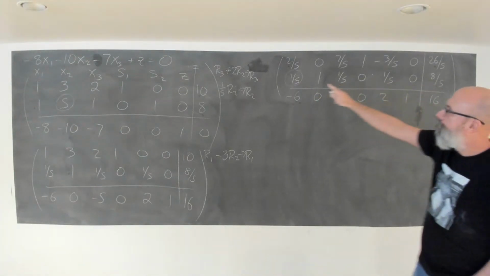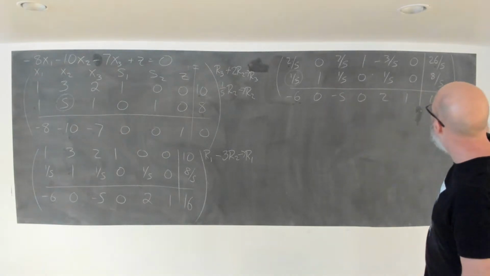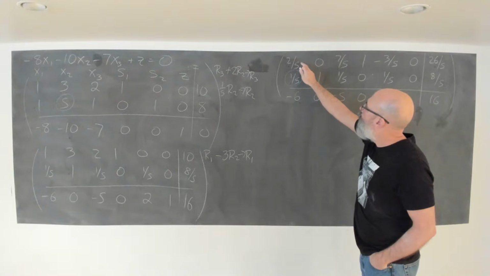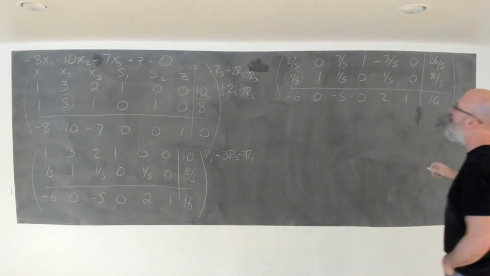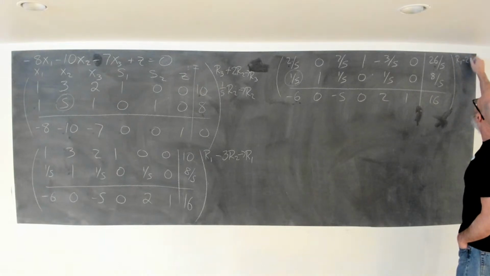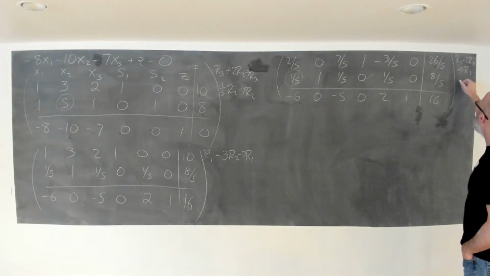1 over 5 is our pivot. Let's change that into a 1. Actually, maybe you want to get rid of that 2 there. Let's say row 1 minus 2 row 2 for row 1. And then perhaps a 5 row 2 for row 2.